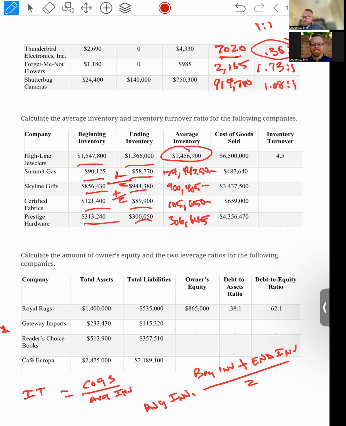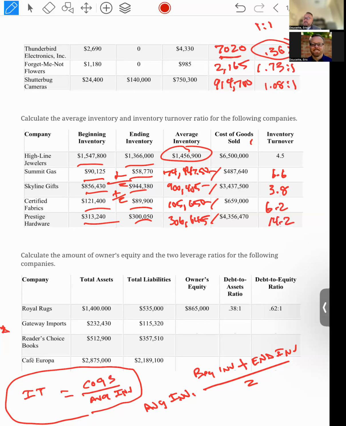And then again, we would just use this formula to get inventory turnover. So your cost of goods sold, which I already gave to you, divided by the average inventory. So basically, you're just going to divide these with each other. And our answers come back 6.6, 3.8, 6.2, and 14.2.